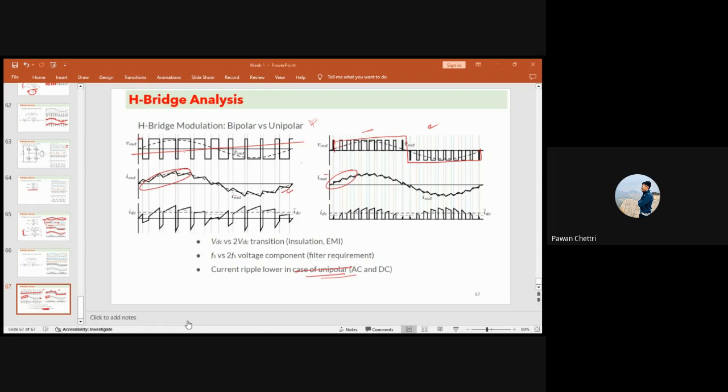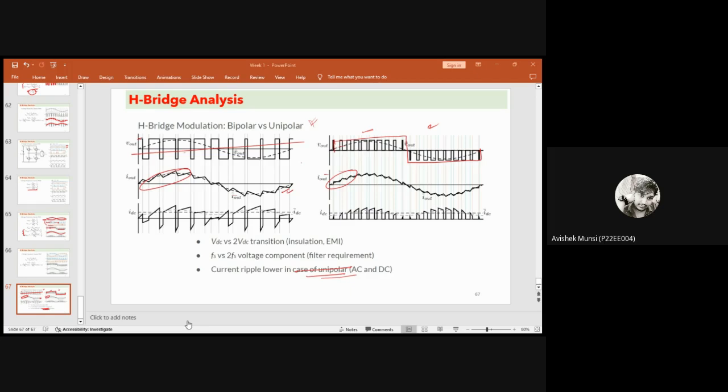Which is more preferable, bipolar or unipolar? Like, for which case is filter design easy? As I said, in the case of unipolar there is lesser ripple, so you don't need to have a filter itself, right? And they have different functions, where you have to use bipolar and where you have to use unipolar.